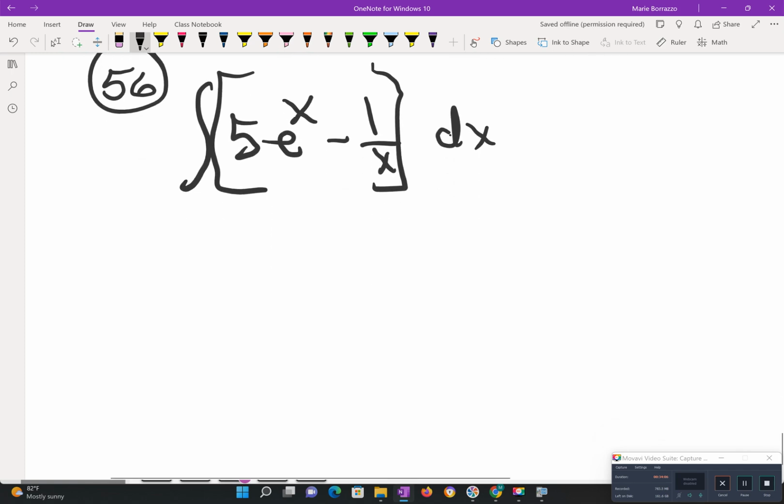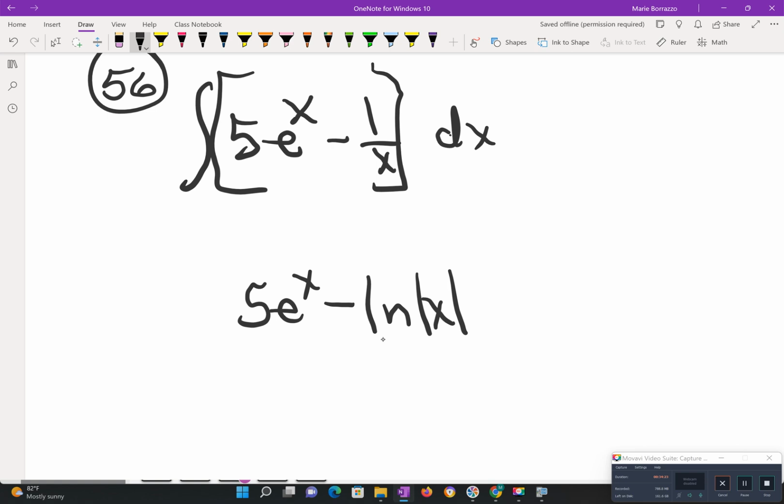And so if I do the antiderivative for this, I'm going to get basically 5e to the x minus natural log x, because that's about as straightforward as the question gets.